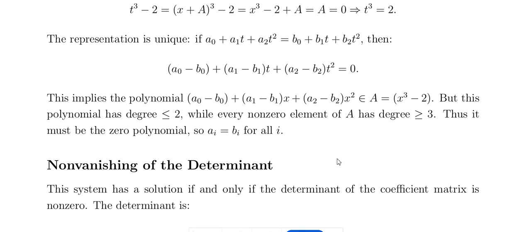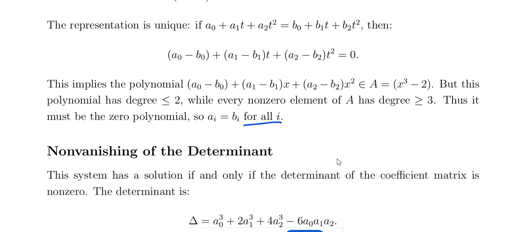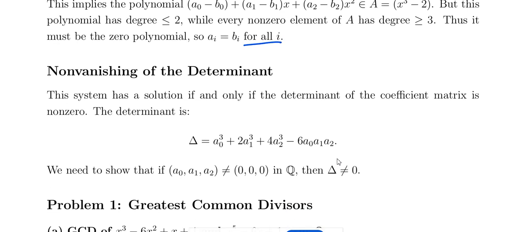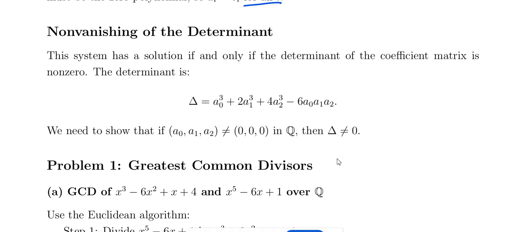That means ai equals bi for every i, that is a0 equals b0, a1 equals b1, a2 equals b2. So the non-vanishing of the determinant gives a solution to the system if and only if the determinant of the coefficient matrix is non-zero.